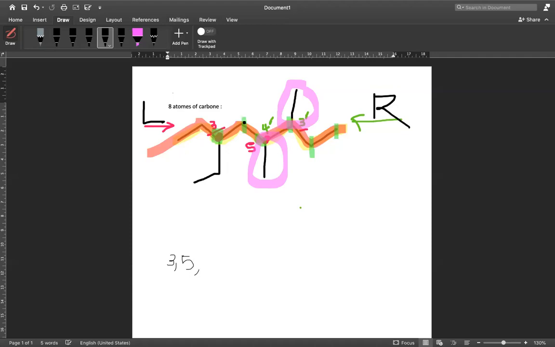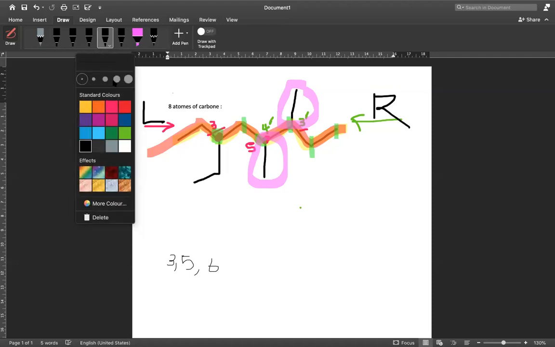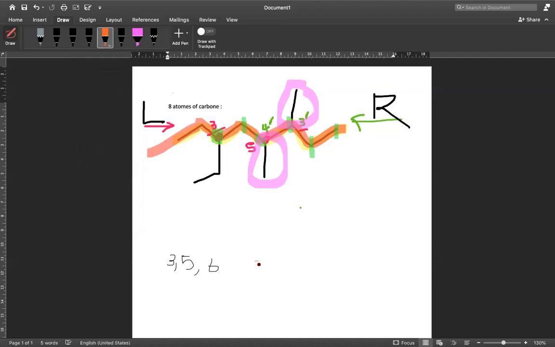So 1, 2, 3, 4, 5. So 3, 5, 6. Maybe if I include this one to be a bit clear. So we have 3 prime. We have 4 prime. And we have 1, 2, 3, 4. This is 5. This is 4, 5, 6, and 6 prime. Maybe this would be a bit clear.